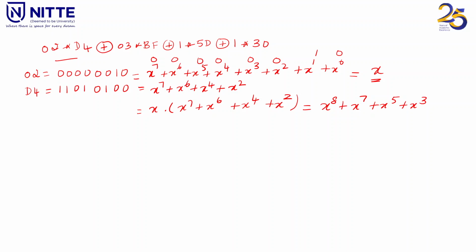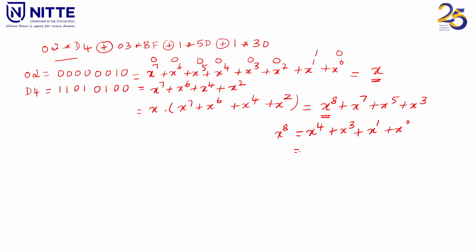So we have a total of 8 bits, so we have to keep the values in 8 bits. This is greater than 8 bits. So I'm going to convert this x to the power of 8 into the equivalent 8 bit number. So I'm going to apply the irreducible polynomial function. That is, x to the power of 8 I'm going to convert into x to the power of 4 plus x to the power of 3 plus x to the power of 1 plus x to the power of 0.